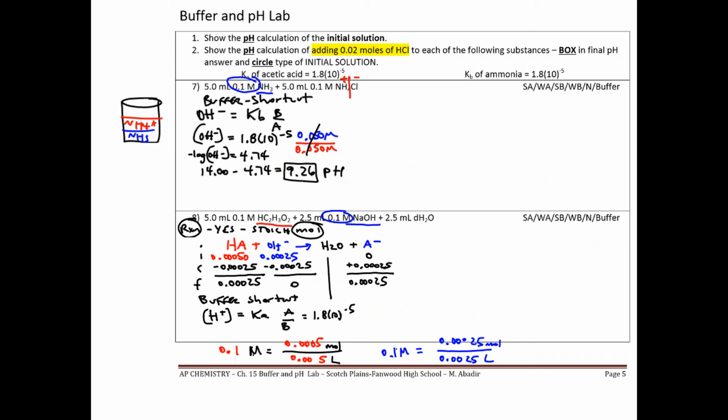We're going to copy down the acid, which is the 0.00025, and then the base also 0.00025. And they're going to divide out, and you're going to take the negative log, and you're going to find negative log of H plus equals 4.74, and that is the pH of this buffer.